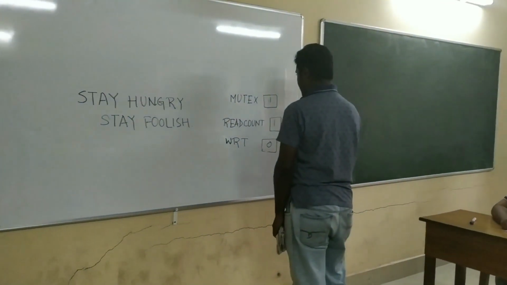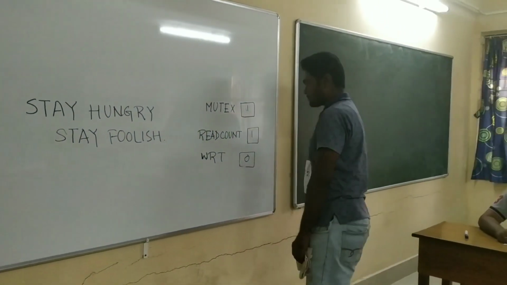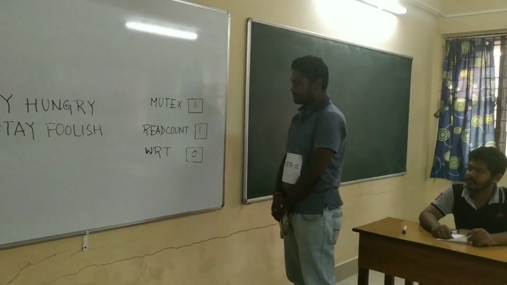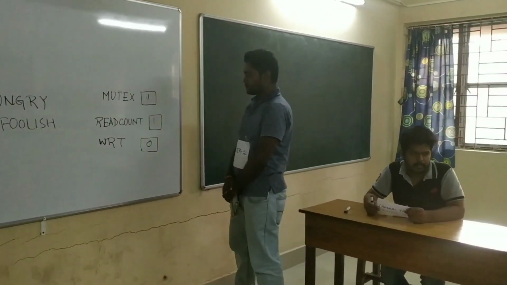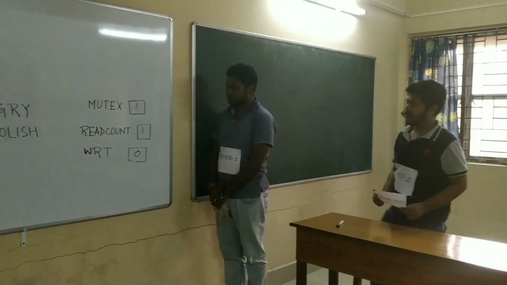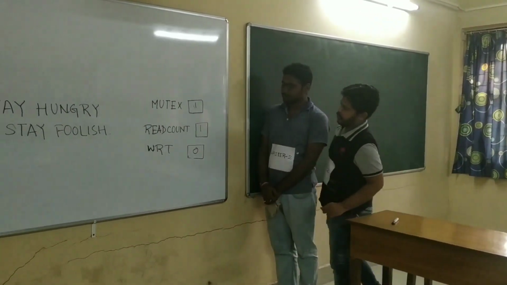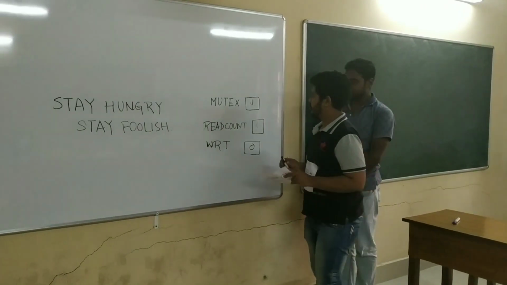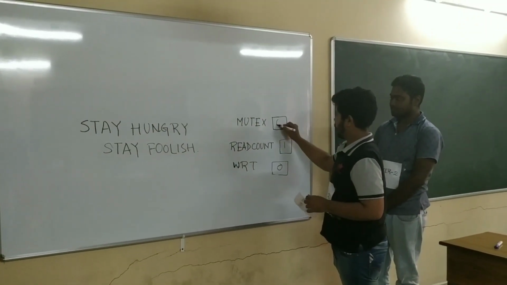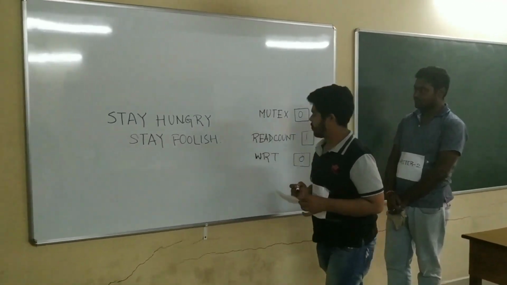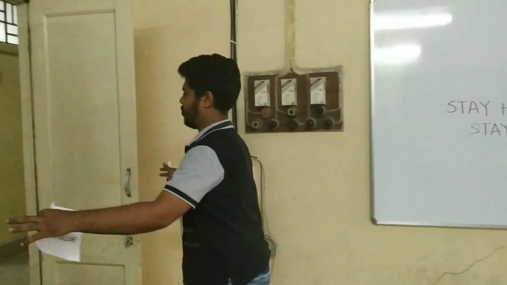In this moment, writer 2 comes to the critical section, but he sees that the WRT value is 0. That means he has to wait until it becomes 1. Now reader 2 also finishes his reading and changes the mutex.